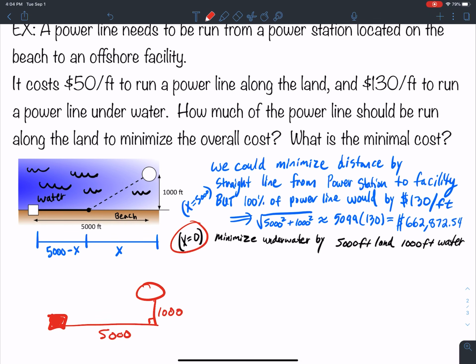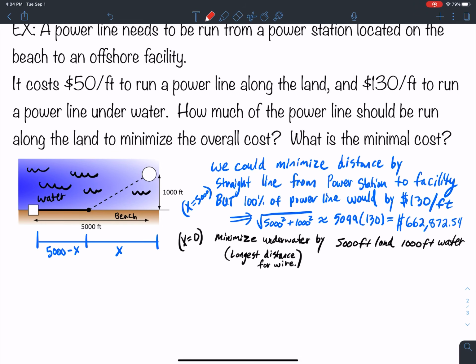So I'm going to spend 5,000 feet at a rate of $50, so I'll multiply 50 times 5,000. And then I'm going to spend 1,000 feet, where I'm underwater, at a rate of $130, so 130 times 1,000.